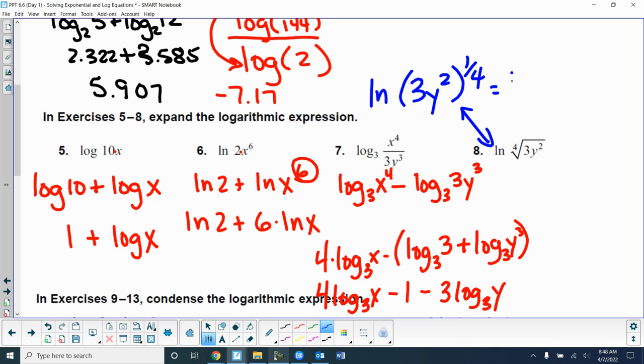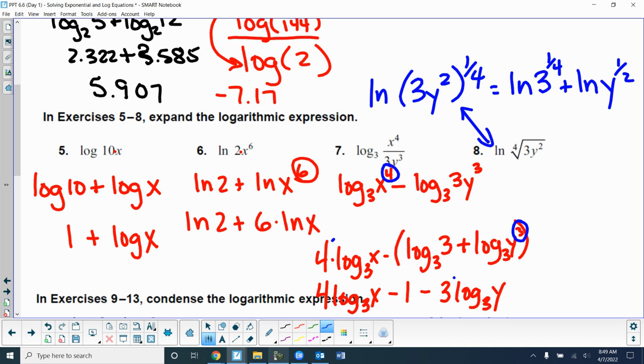All right, so this is natural log of 3 to the 1/4 plus natural log of y. What's 2 times the 4th? A half, right? What do I do with that 1/4 and 1/2 when I'm expanding? Move them out front, right? Just like we moved this 3 out front, and just like we moved this 4 out front.